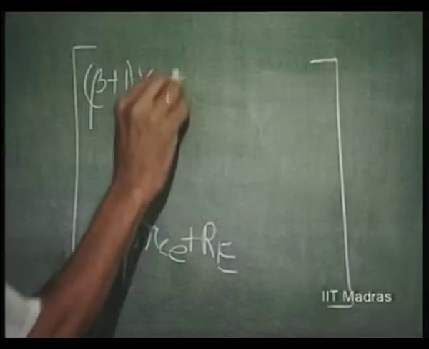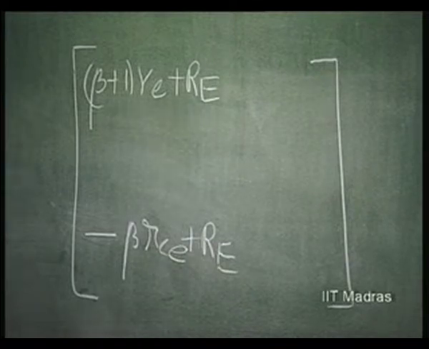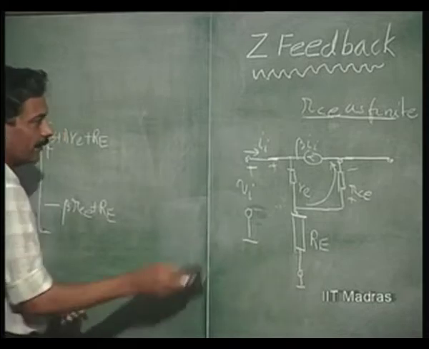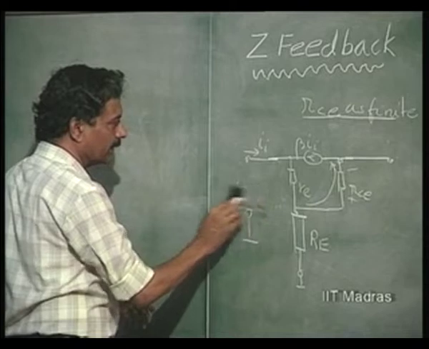So, this is going to offer an impedance of Re. That is over as far as input impedance and forward transfer impedance are concerned.